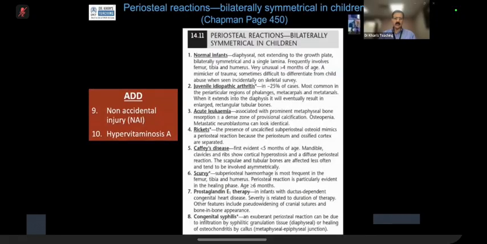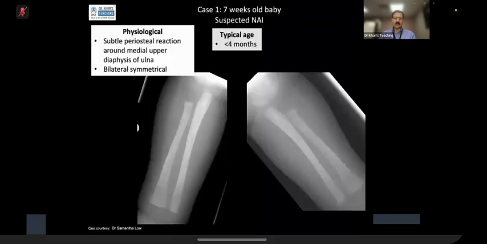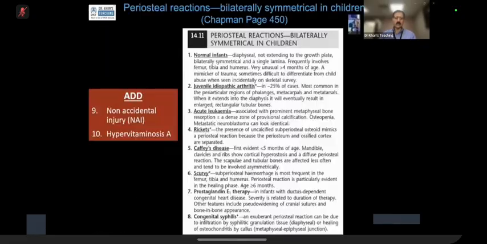Number two, in the left side of your brain, you have to remember the main radiological features. First of all is physiological. So you see here: normal infant, meaning physiological, juvenile idiopathic arthritis, acute leukemia, rickets, Caffey's disease, scurvy, prostaglandin E1 therapy, congenital syphilis, and then I have added to it non-accidental injury and hypervitaminosis A. So all of these should be in your mind.